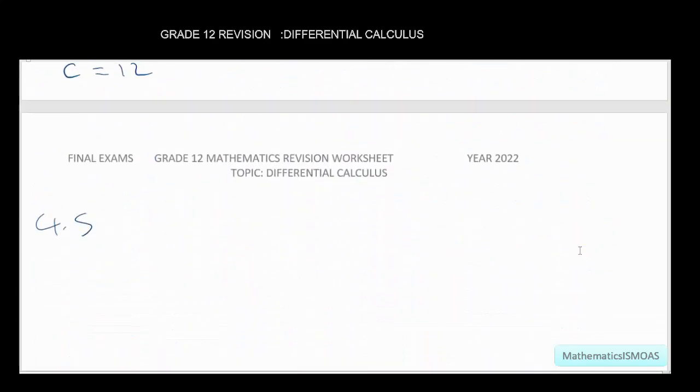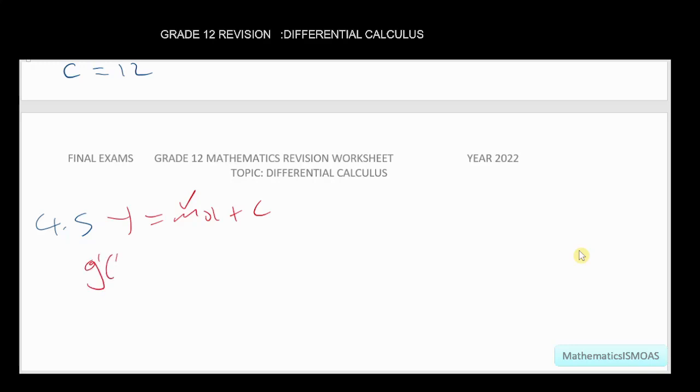Then, remember, we need to find our equation in the form y equals mx plus c. Therefore, what do we need? We need m, the gradient, and we also need at least another point, so that we'll be able to find the value of c. So, let's start first by finding the gradient at half. That is where the gradient will be the maximum.